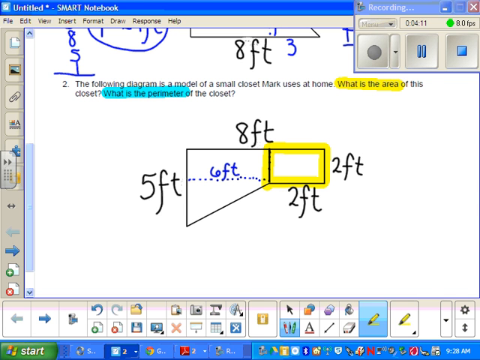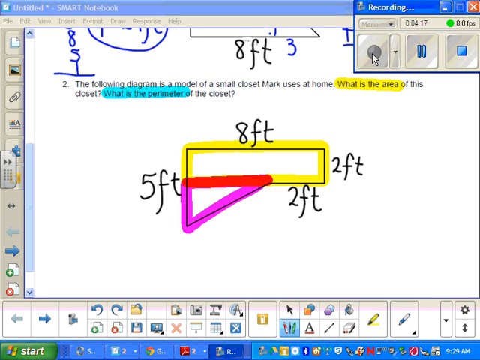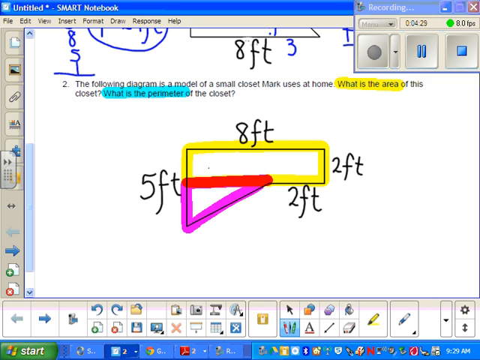Or are we doing trapezoid? Well, so now that, so I don't confuse you too much, I went ahead and highlighted my 2 shapes. Now, like I said, I could have divided it up a different way and still gotten the same answer, but to me, this was the easiest way to do the triangle and the rectangle.